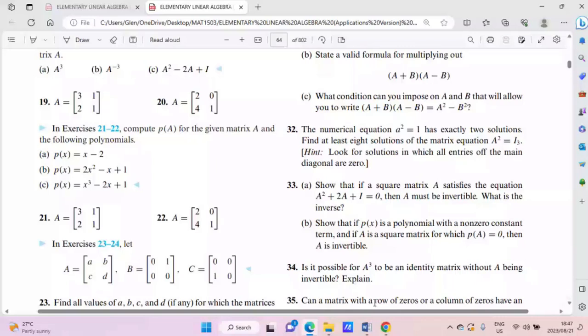Now I want us to do first row of A with second column of B. What's that going to be? 2 times 0 plus 0 times 1. There we go. We are winning. So it's 2 times 0 plus 0 times 1.